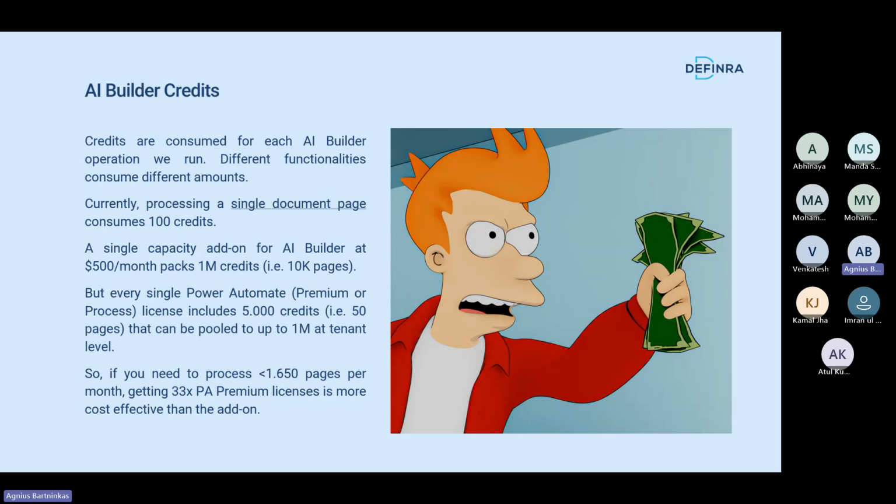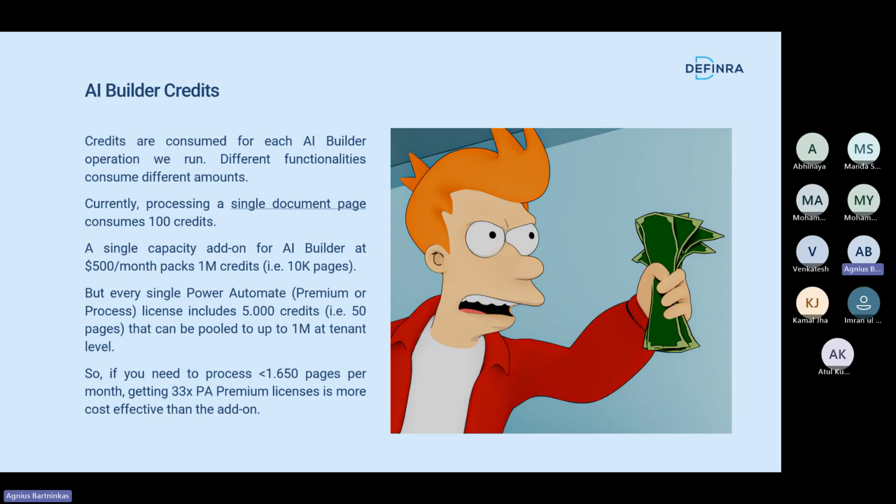And then the standard license for AI Builder is basically, it's not really a license, it's an add-on, a capacity add-on. It doesn't work standalone. It still requires a Power Automate license to actually run anything through it. But the add-on will contain 1 million credits, meaning 10,000 pages, and it will cost $500 a month.